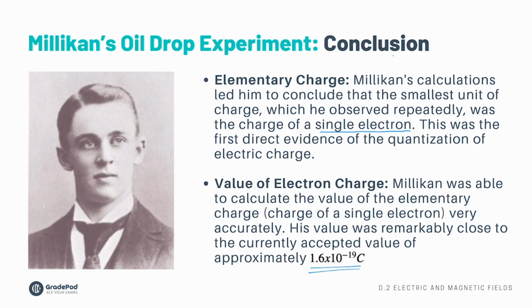He didn't quite get this exact value in his experiments, and you could see from the previous slide that his apparatus was pretty basic, but he did understand that charge is quantized, and he did get a value very close to the widely accepted value now of 1.6 times 10 to the minus 19.